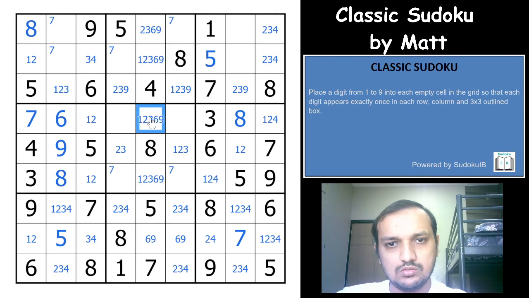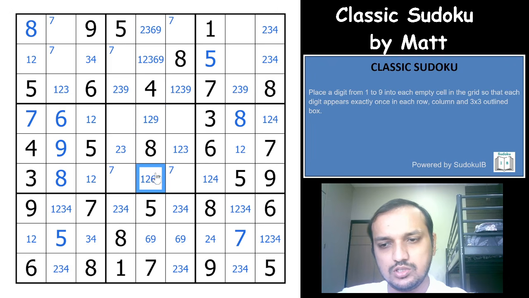This is not a 1, not a 3 and a 6, not a 3 and a 9.